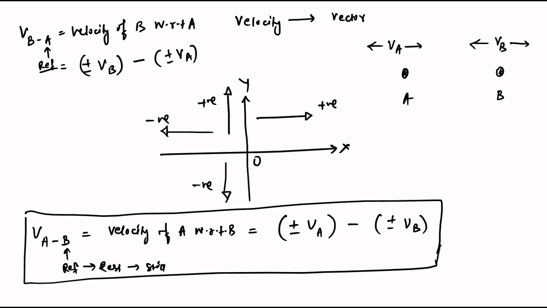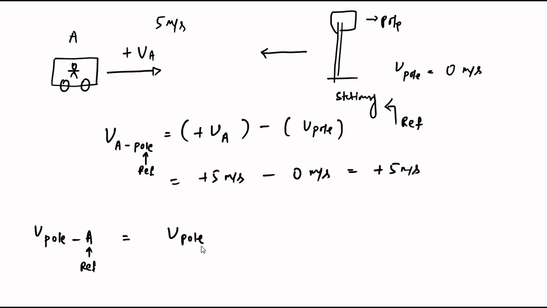So here the velocity of pole with respect to A will be V pole minus the velocity of point A. It will be 0 meter per second minus plus 5 meter per second, because VA is positive towards the right.